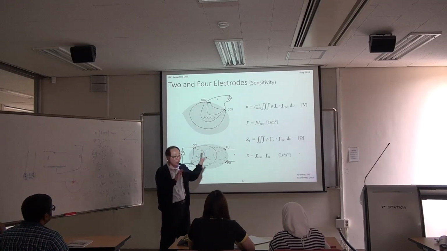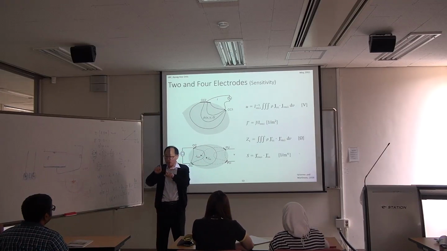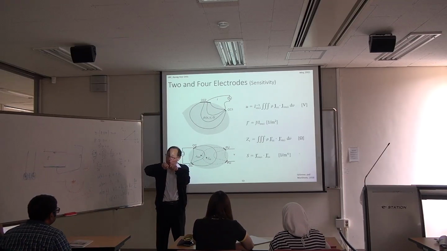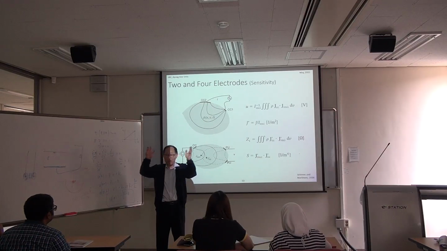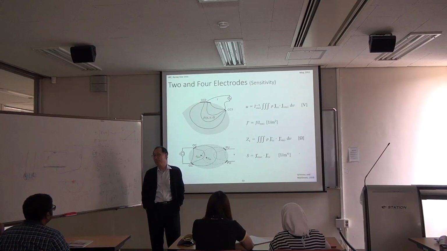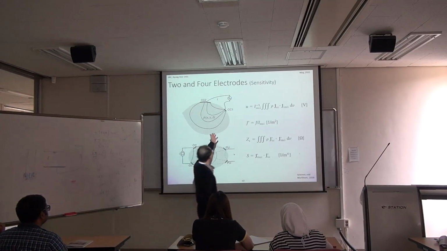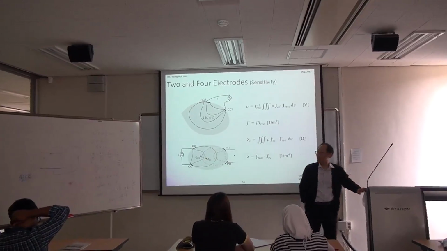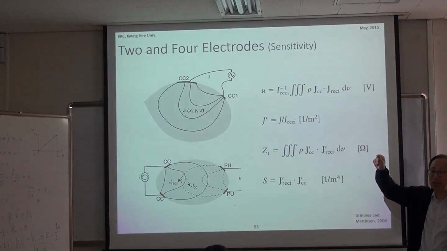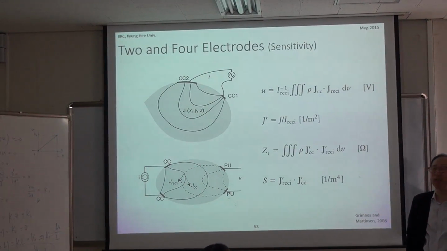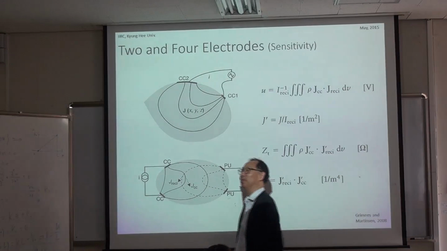So at every point inside, you are calculating the inner product of the lead vector with the same vector, right? So the value is going to be maximum. Okay? So if you measure impedance of a body using two electrodes, injecting current and measuring voltage on the same pair of electrodes, then you are measuring the maximum impedance.